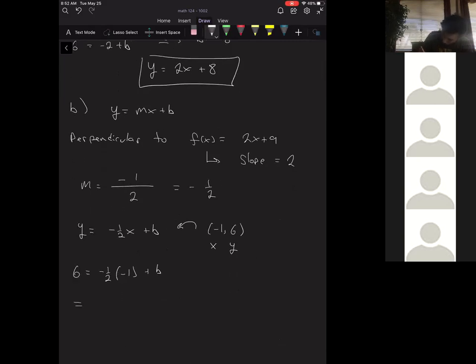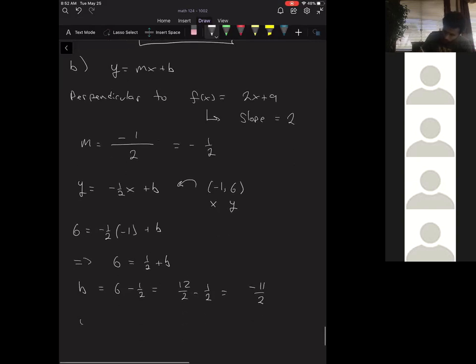So what we get is 6 equals 1/2 plus b. So if we subtract the 1/2 over, we'll get b is equal to 6 minus 1/2. So to do common denominator, we'll get 12 over 2 minus 1/2. That's going to be 11 over 2. So then the equation of our line is going to be y is equal to -1/2 x minus 11 over 2.